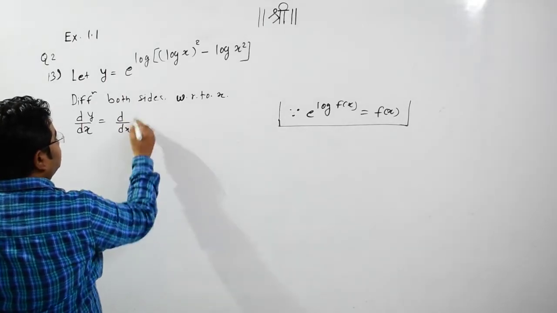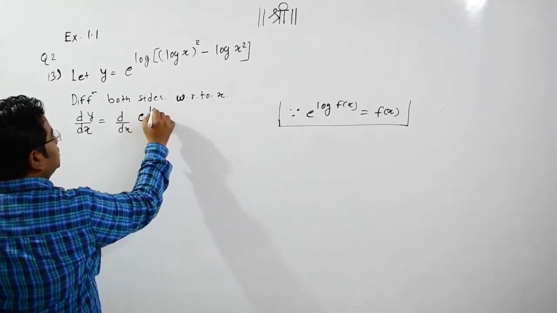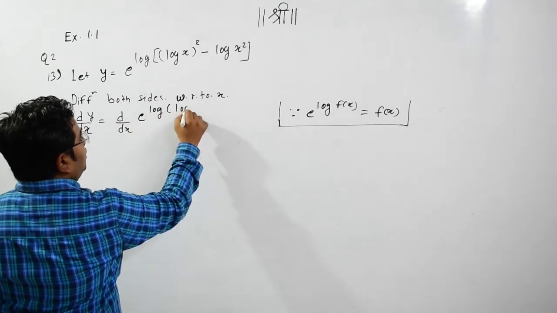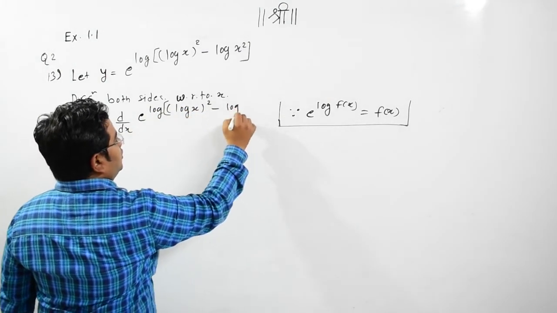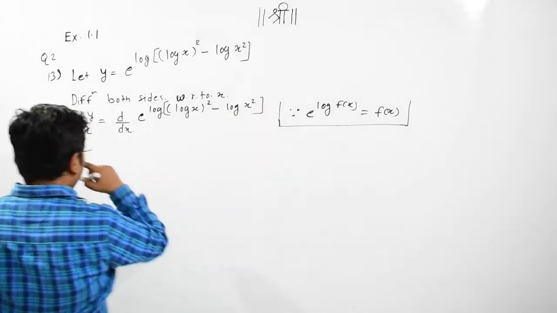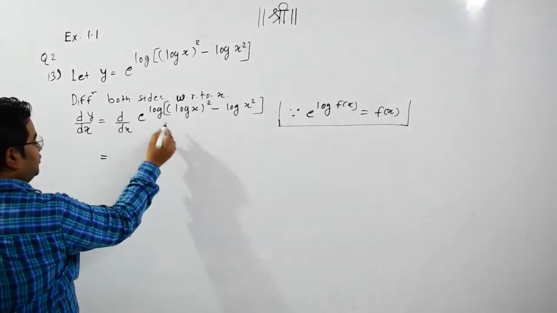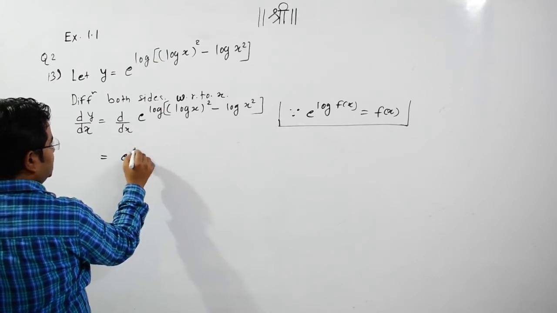Now just focus. So e raised to (log x)^2 minus log x^2. Okay, yes, correct. Now what is the derivative of e raised to x? It is nothing but e raised to x only.